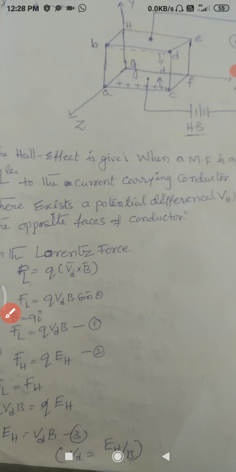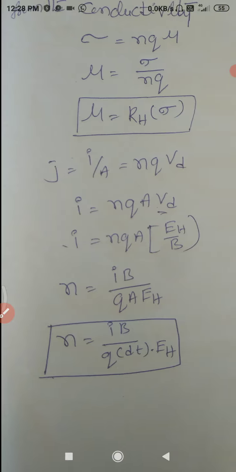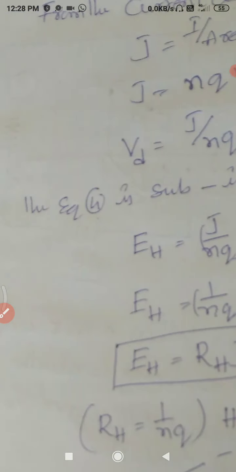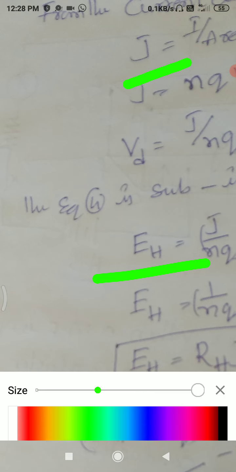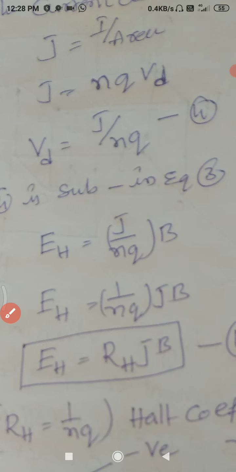Then we can take another slide like this. We know the current density J is equal to I by A, where A is the area occupied by the current-carrying conductor, as seen in the picture.